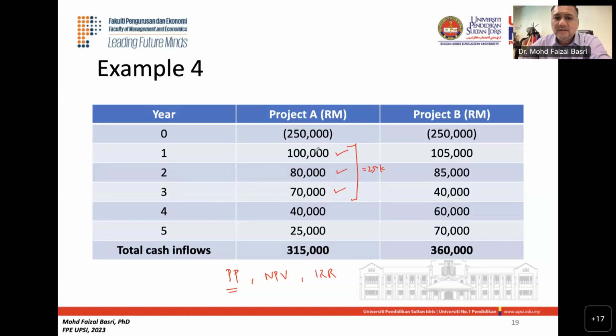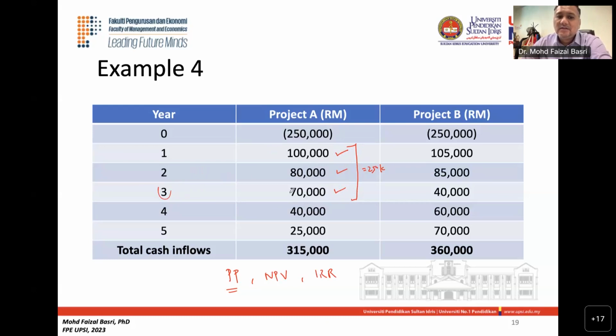So if you get exactly the cost when you add all three cash flows, we can see that project A's payback period is 3 years without having to do any calculation.